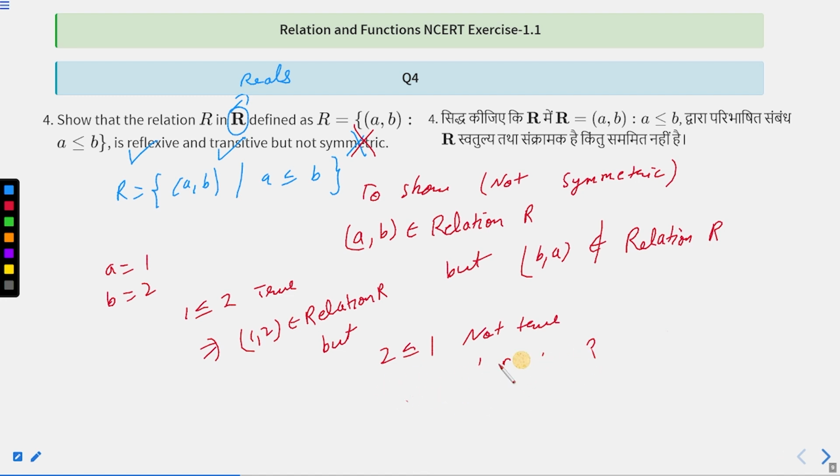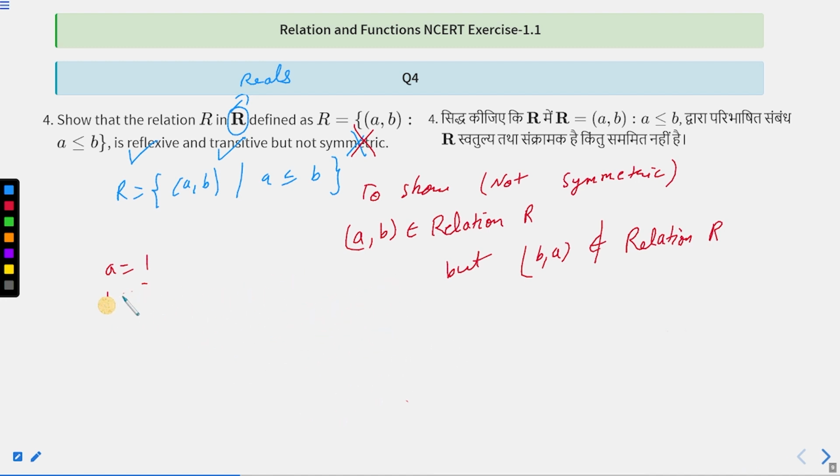Now to prove it is transitive, let's go by the definition.